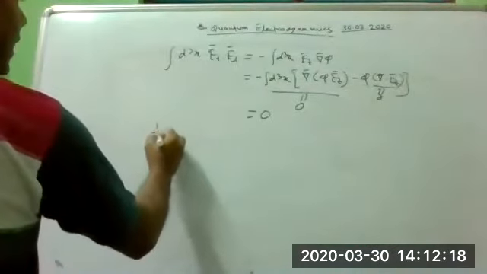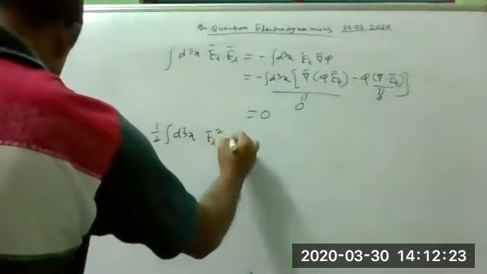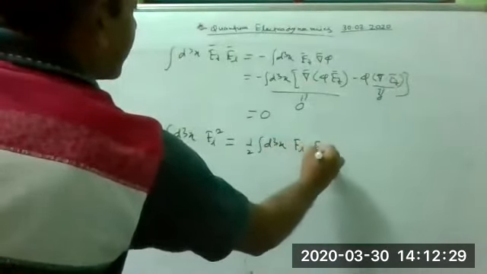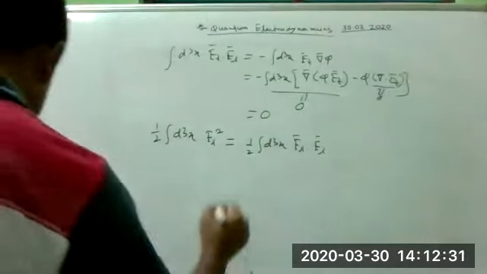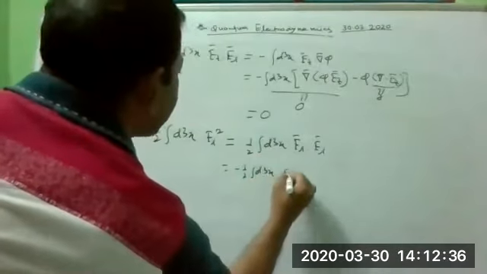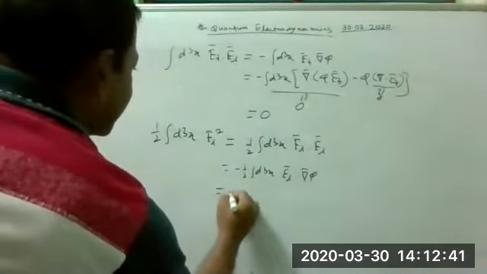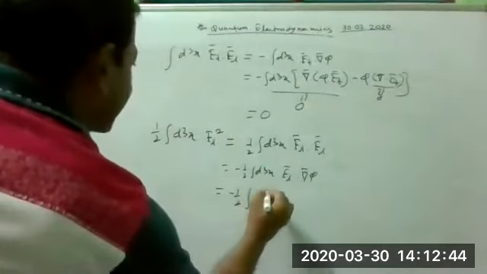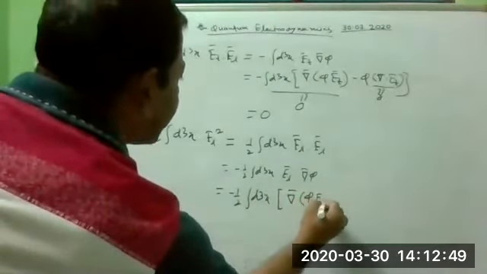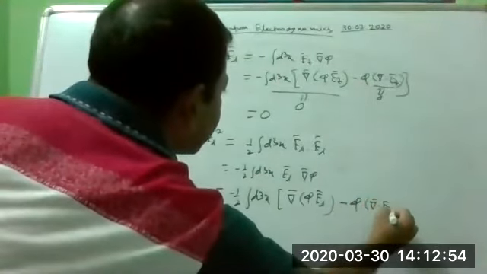And we calculate half of the integral d³x of El squared, which means half of the integral of El dot El. This can be written as minus half the integral d³x El dot grad phi. So this can be written as minus half the integral d³x of the divergence of (phi El) minus phi times the divergence of El.